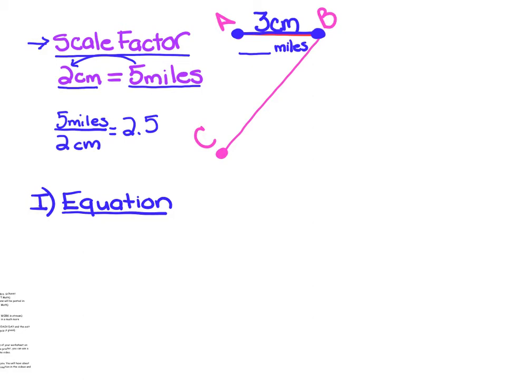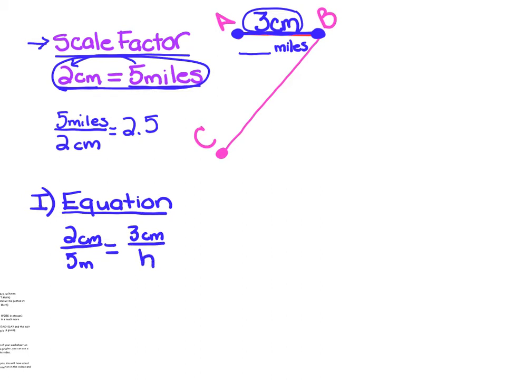The first way is to set up an equation called a proportion. It looks like this. Use the scale factor ratio and state 2 centimeters is to 5 miles as, now we go to our actual measurement here, as 3 centimeters is to, and I'll use H for hike.